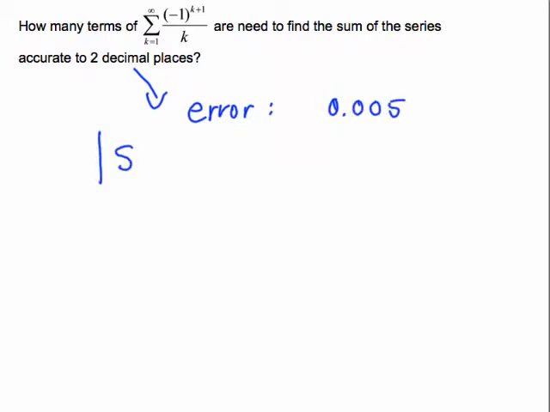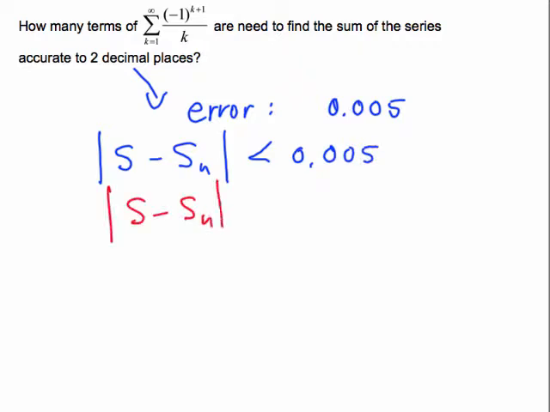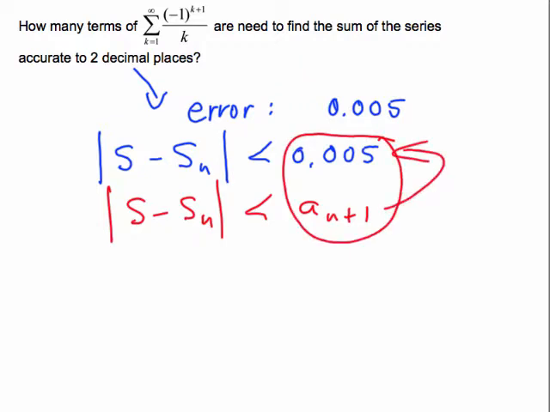So our actual sum minus our approximation we want to have be less than this value. And since our error bound formula says our error is less than the first missed term, we basically want to find n so that this is as close to 0.005 without going over as we can get it.